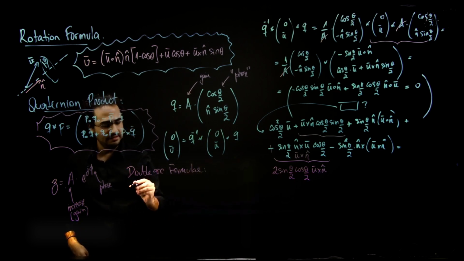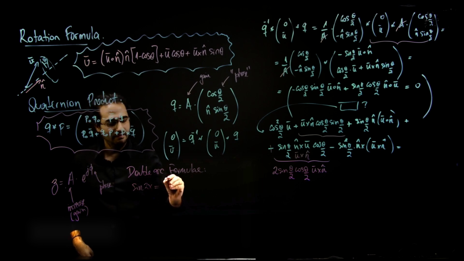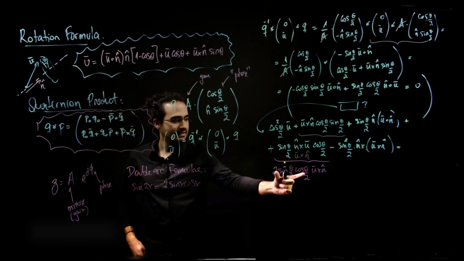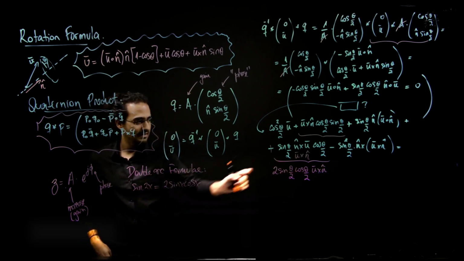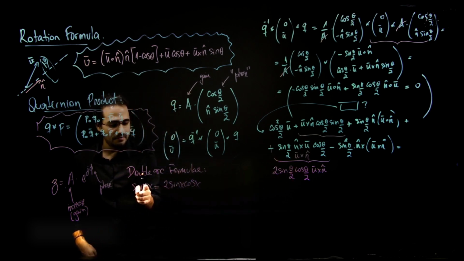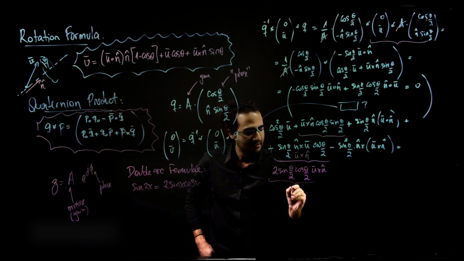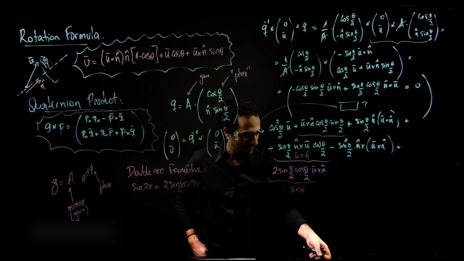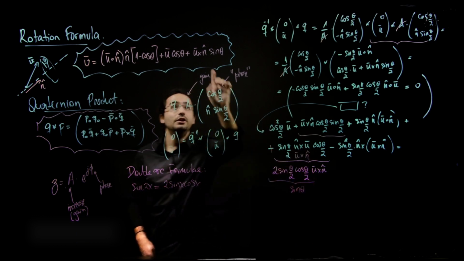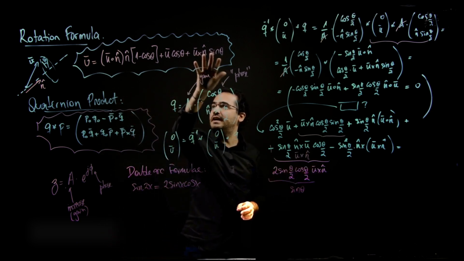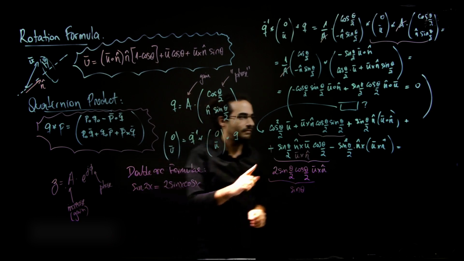That tells us that sine of 2x is given by 2 sine of x cosine of x. And that's exactly what we have here, except that x is theta over 2, and therefore this is really sine of theta. So in the end of the day, this part here is sine of theta, and then you have sine of theta u cross n as it should be. So we did find our first vector. Now we need to find those two.